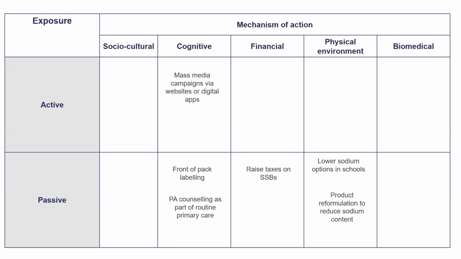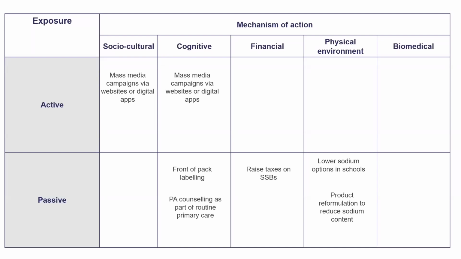So as I've been going through that, you might think that some of them have multiple different mechanisms of how they might work. So for example, mass media campaigns, as well as operating via a cognitive mechanism, may aim to change sociocultural norms, so may fall into 2 different mechanisms. And we can handle this in the DEPTH framework by allowing users to classify multiple mechanisms for each intervention component.